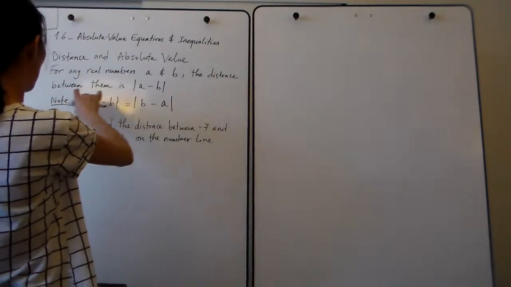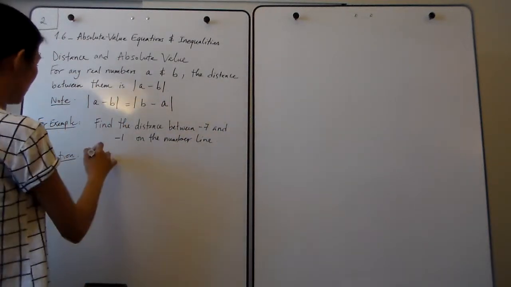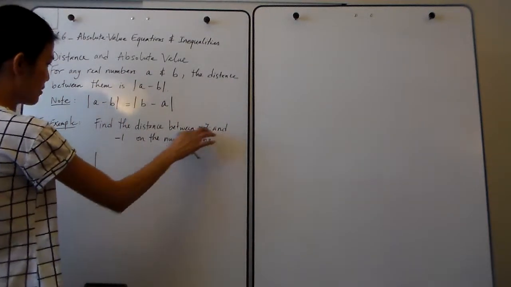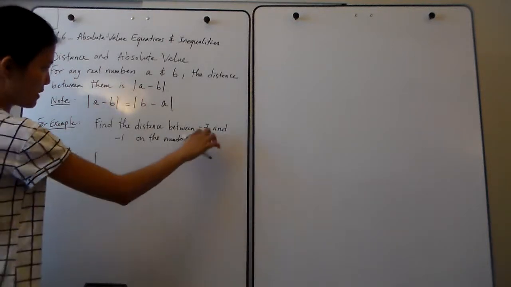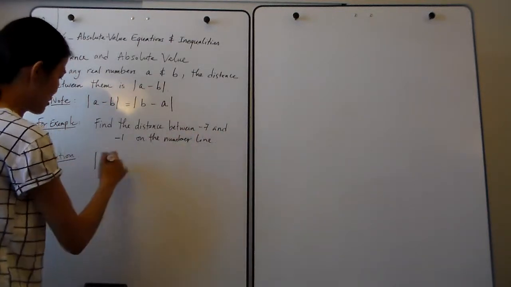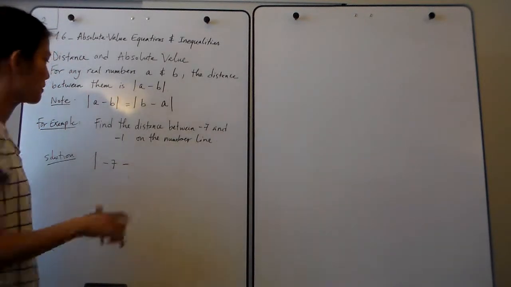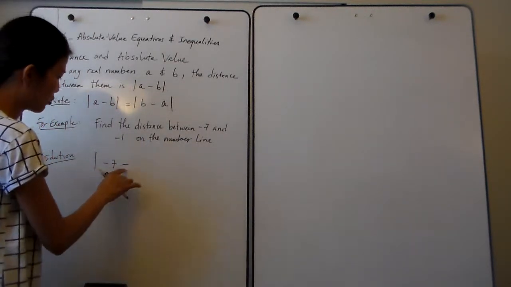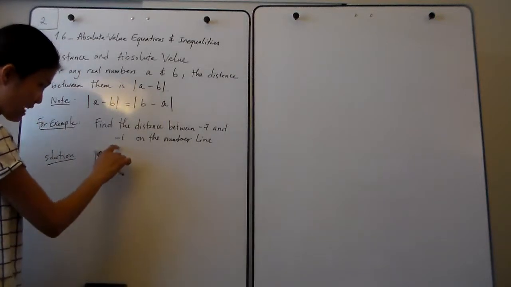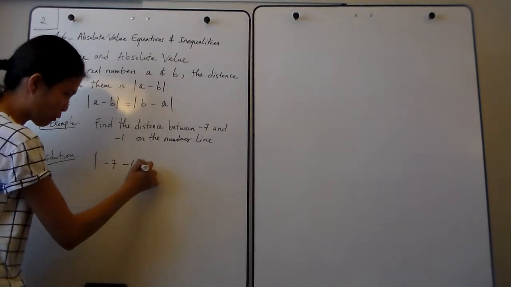The distance between A and B, right? So, find the distance between this number and this number. Let's start with, because this starts first, I'll call it A, which is -7. Subtract the second number, which is -1, right? Subtract. Now, because the second number is negative, make sure you have parentheses here.